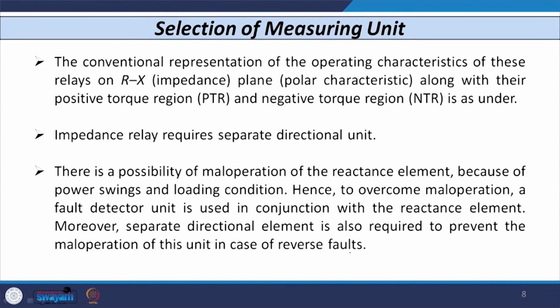For example, if I use a reactance relay, there are fair chances of mal-operation because of power swing and overloading conditions. When you set the third zone setting of the reactance relay or any type of distance relay, that is done considering the maximum loading or overload the line can take. And as I told you, as you increase loading on the line, the locus point shifts towards the third zone region of the relay.